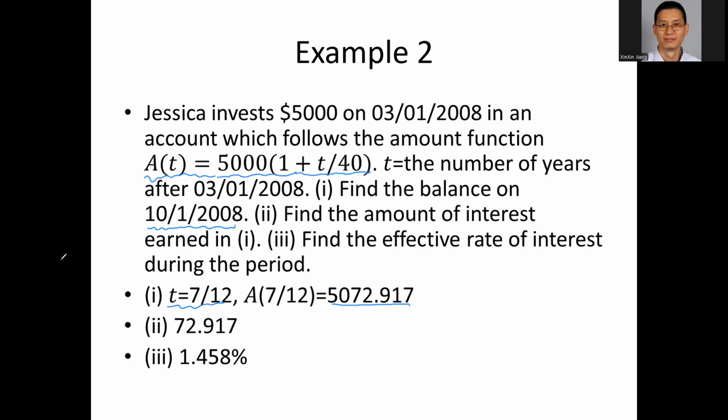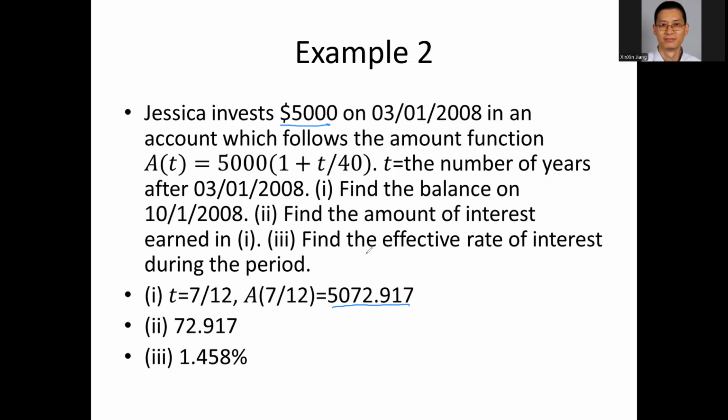And I found the amount of interest earned, that is A(7/12) minus 5,000. That's 72.917, probably 72.92.